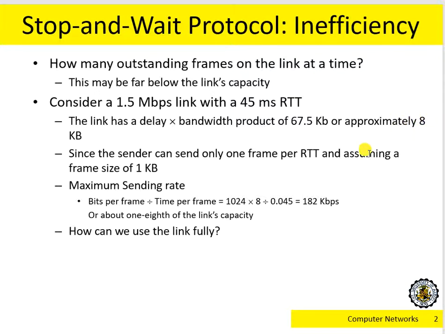And then we said, basically I want to send one frame at each RTT, right? Because you have to stop and wait. So if I assume the frame is 1 kilobit, then within one RTT, all the bits I send is 1 kilobit.